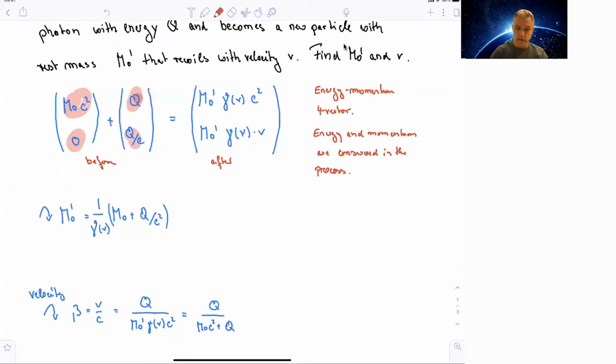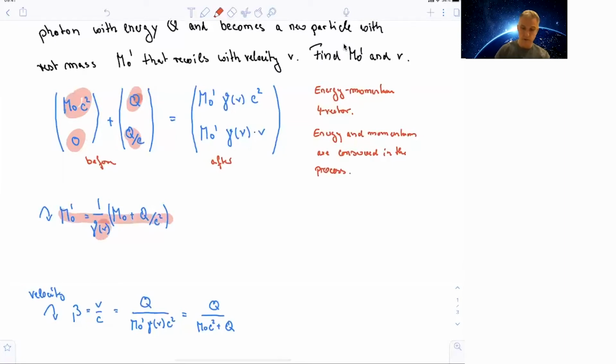And so then the final particle, the outcoming new particle, has its own mass, but it has a boost. So the total energy is m0 prime gamma, using the velocity of this particle, times c squared. And the momentum is m0 prime gamma times v. So that's after the collision. And so then you can use the energy relation in order to get to the mass.